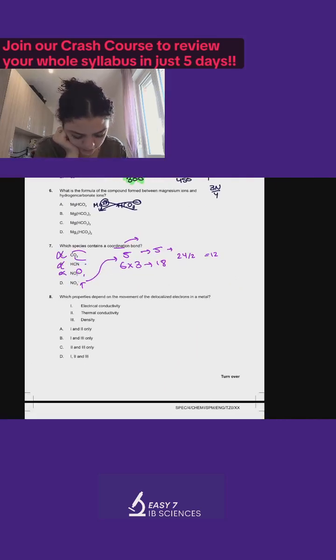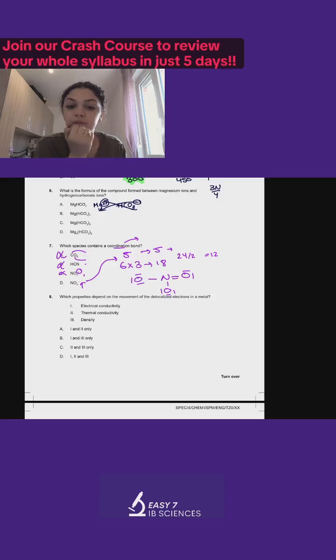So I know that my NO3 minus is going to have 12 sticks. 1, 2, 3, 4, 5, 6, 7, 8, 9, 10, 11, 12. And we know that this is going to contain a coordination bond because it only shares with one of these. Okay?